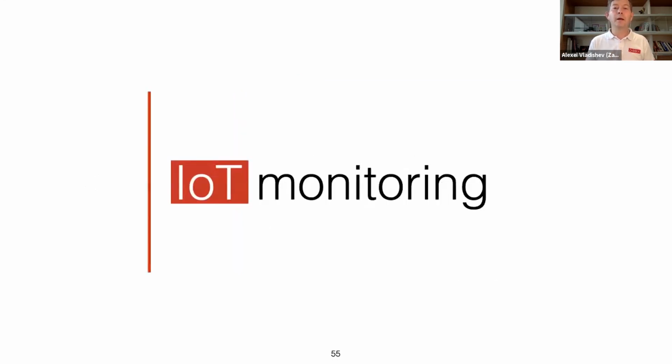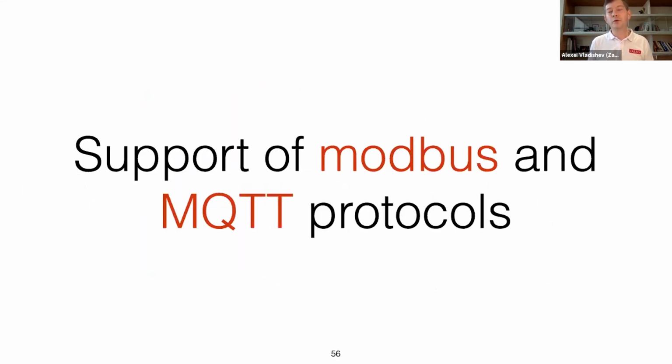What else? IoT monitoring. Starting from Zabbix 5.2, Zabbix will support two important protocols out of the box: the Modbus protocol and the MQTT protocol, which are quite commonly used for IoT monitoring and for monitoring of industrial equipment.